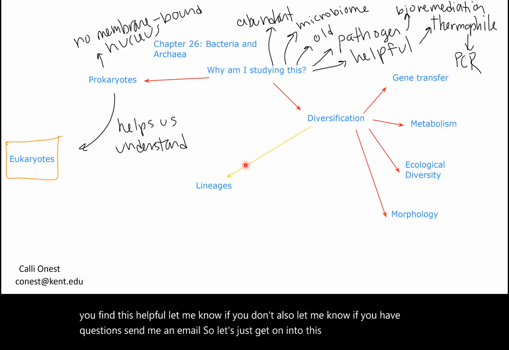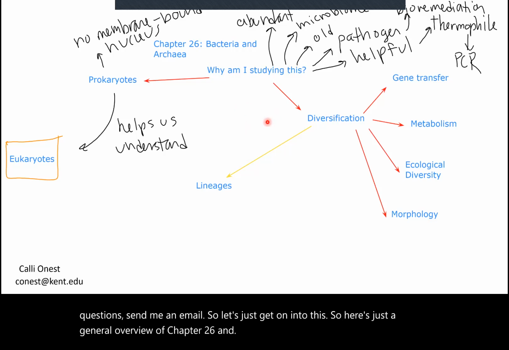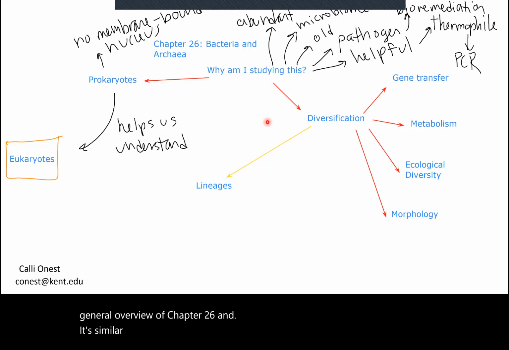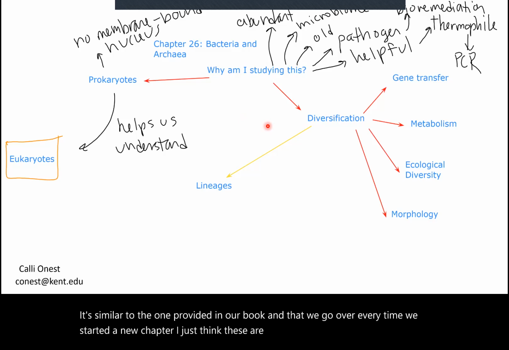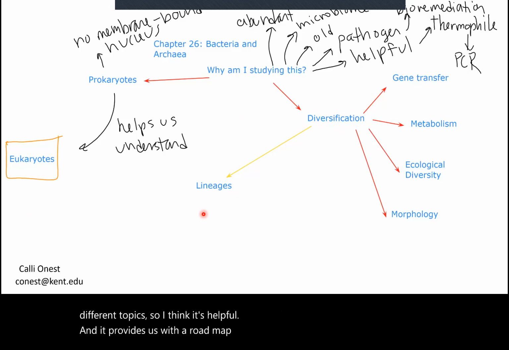So here's just a general overview of chapter 26. It's similar to the one provided in our book and that we go over every time we start a new chapter. I just think that these are helpful for studying because here's all the main topics and you can write everything that you remember for these different topics. So I think it's helpful. And it provides us with a roadmap of what we're actually going to be talking about.